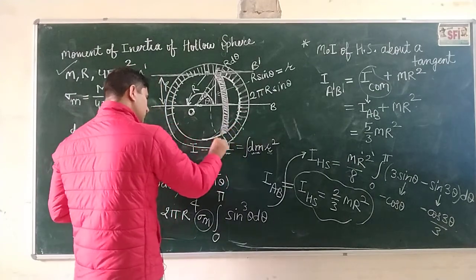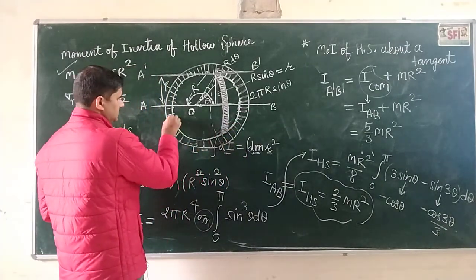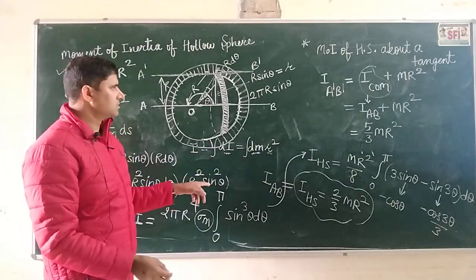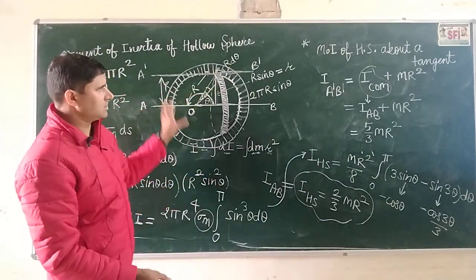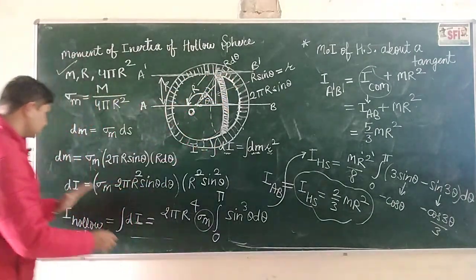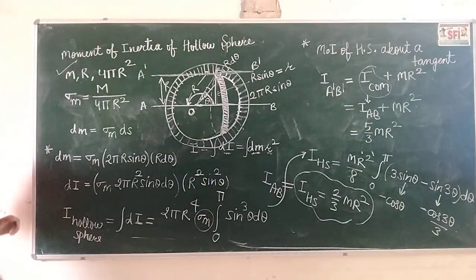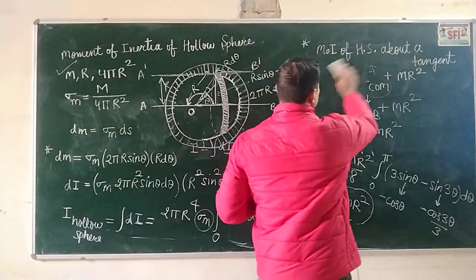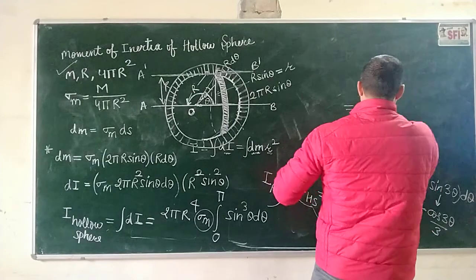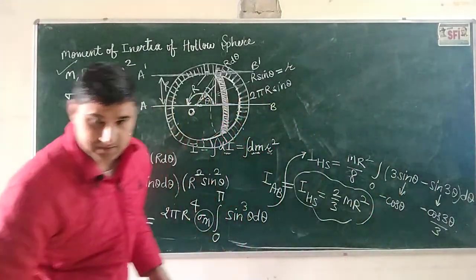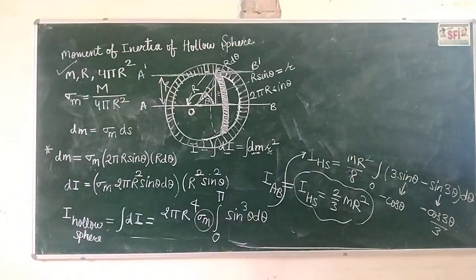Then you will have two radii, one is the inner radius and another is the outer radius, and you can find the moment of inertia of this shell from this relation. Let me do it again. In that case, the surface mass density will change.